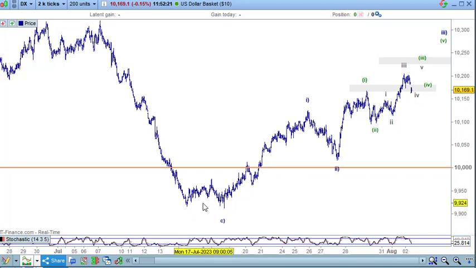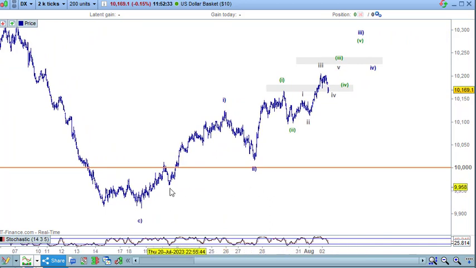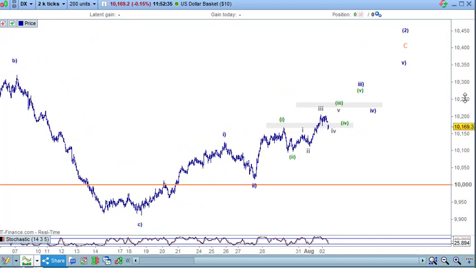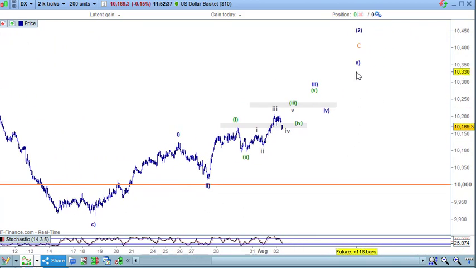On the cash market, that's the low. So there's 2 different ways of viewing this as well. So it doesn't really do a lot of damage at this point, but it can change the count a little bit. So I was thinking, just in counting this up here, if we were looking higher, if we're looking high moving up here as a C wave up here, that would play out like this.